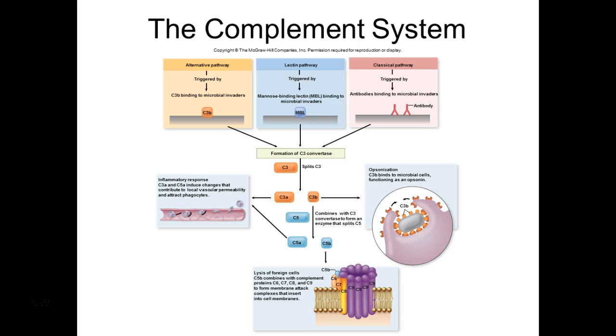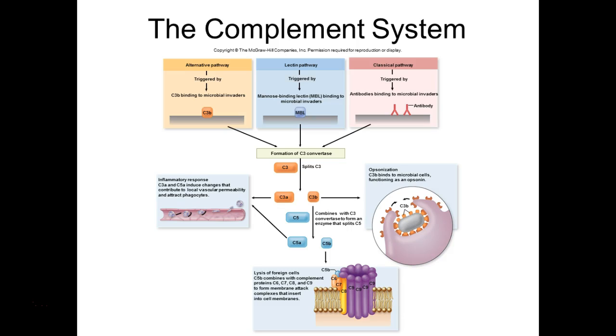Remember, I always remember C3b, B for binding, right? This literally binds to the surface of the microbes and tags them for destruction. That is known as opsonization. C3a, right, is important in the inflammatory response, getting those phagocytic cells there so they can destroy the cells that have been opsonized.